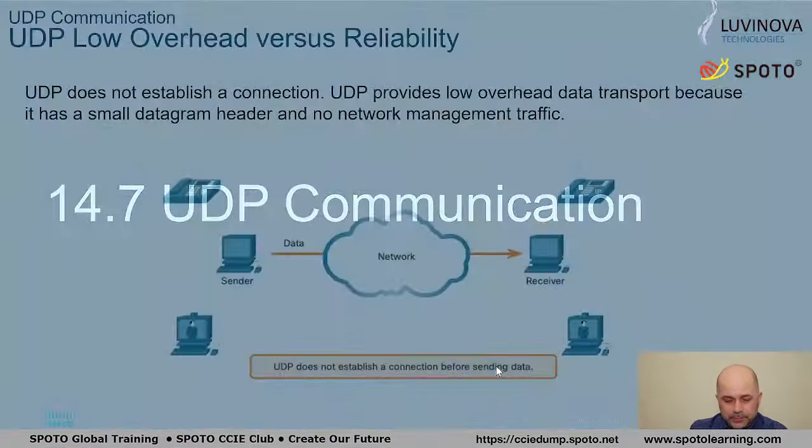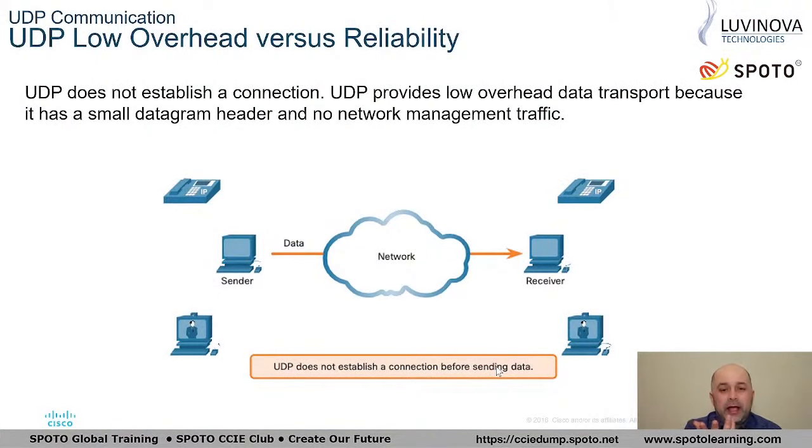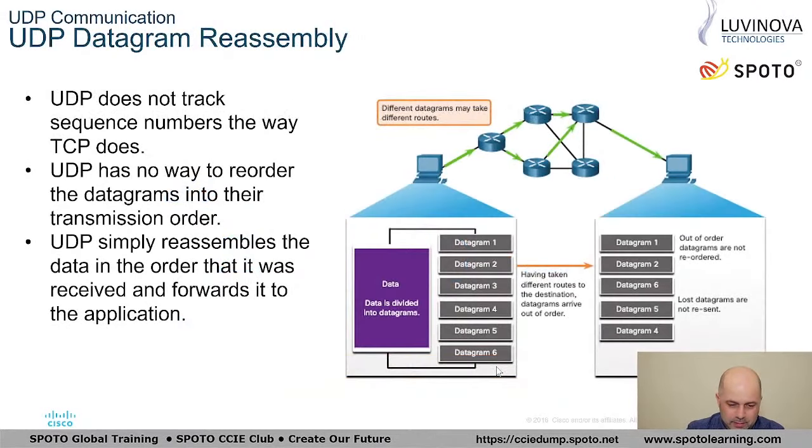UDP communication, it's a low overhead versus reliability. Means faster but not reliable. UDP datagram reassembly. So UDP does not track sequencing numbers the way TCP does.